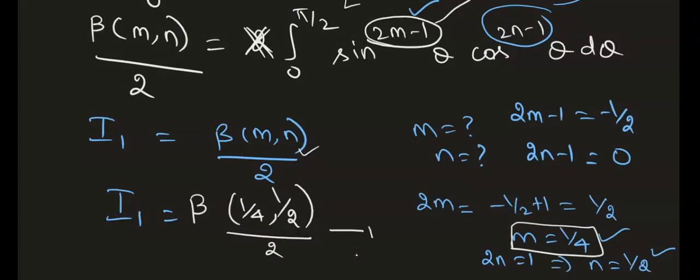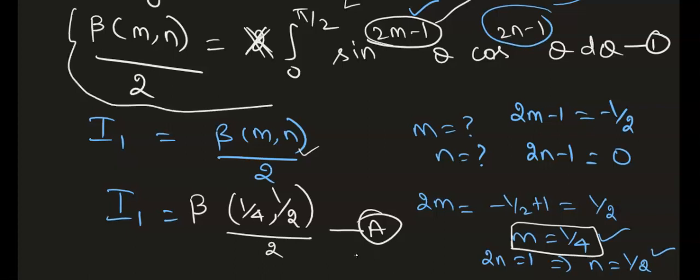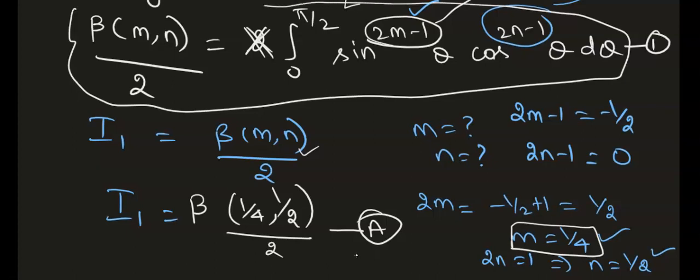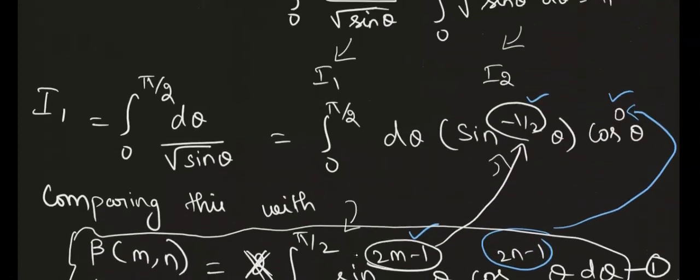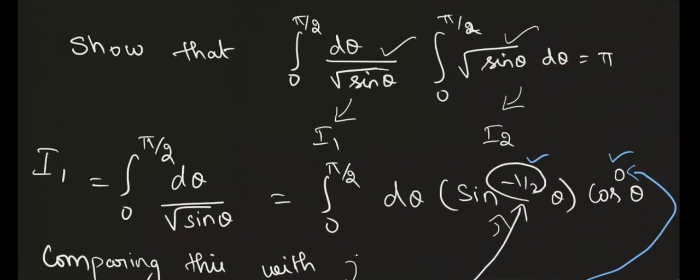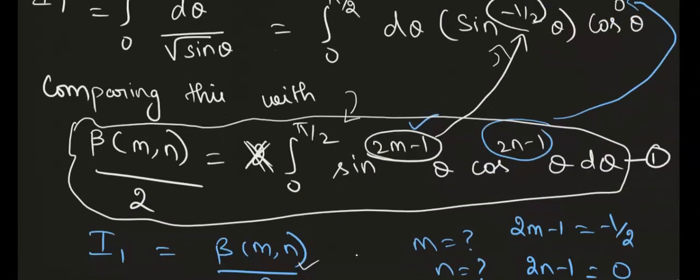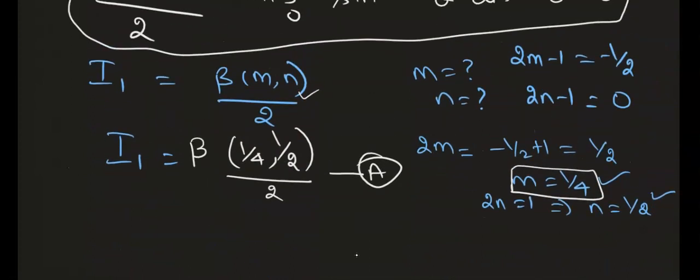Let this be equation A. We are going to use this same formula for the second function. This is the formula that you are going to use for the second term I2. Remember, we have two integrals, this is I1 and this is I2. Now I'm going to find the corresponding value and then I'll multiply.